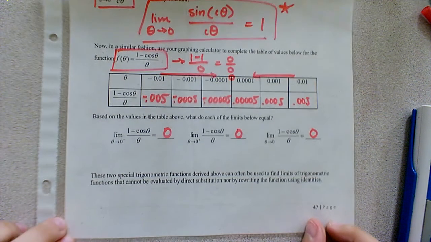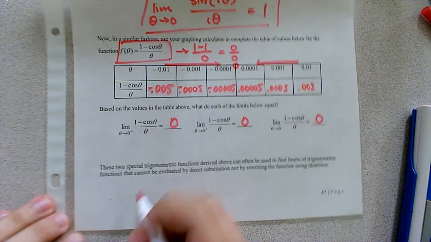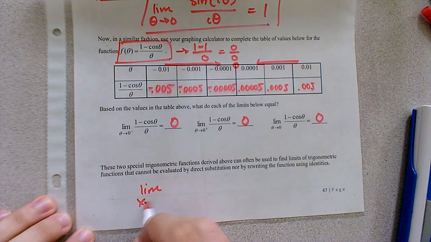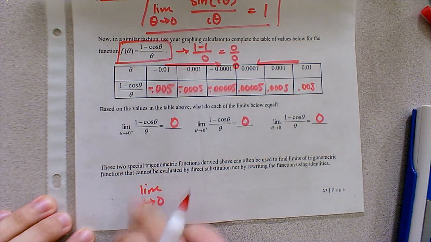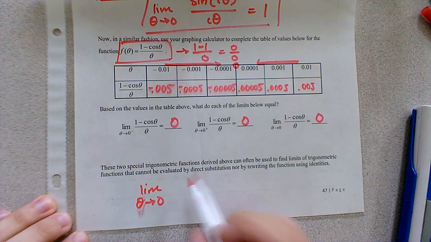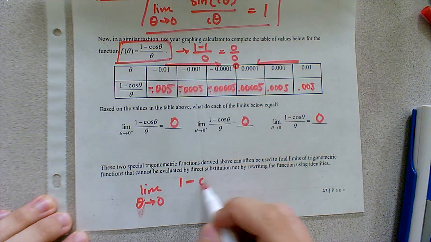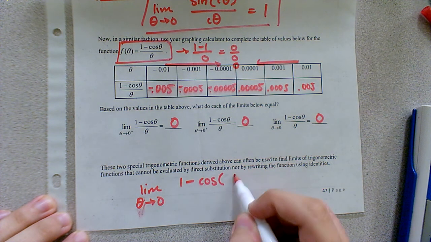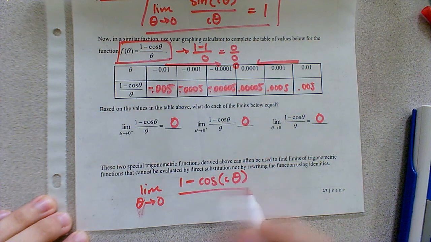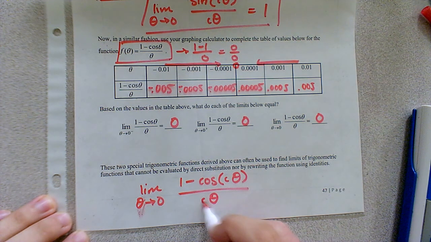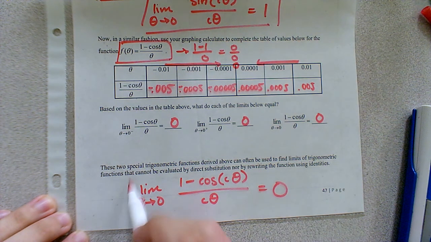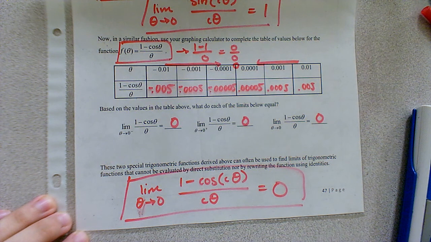So this is another special trig limit that we're going to utilize in this section. The limit as theta approaches 0, if we have 1 minus the cosine value of theta times a constant over the same theta times a constant, that will always be 0. I know we didn't take a look at a specific example.